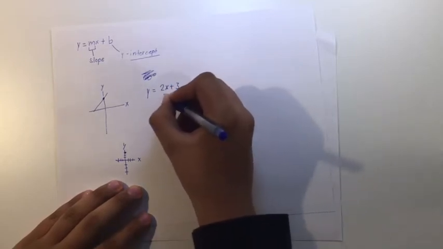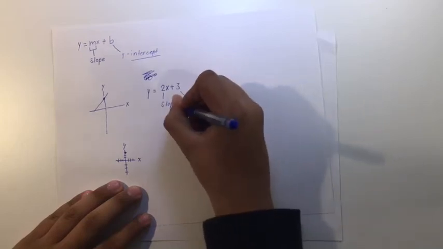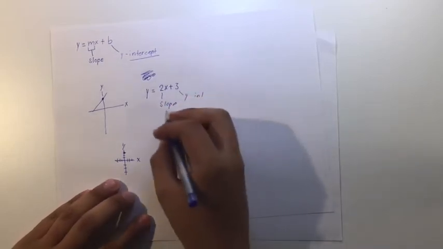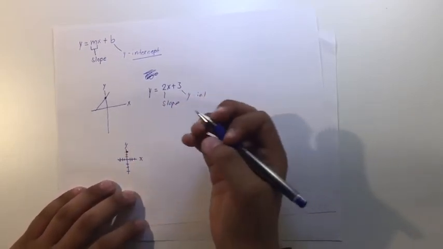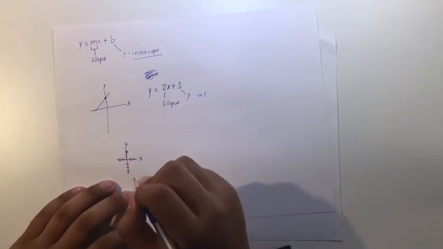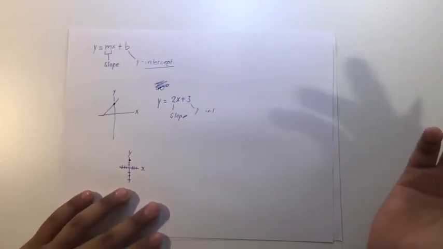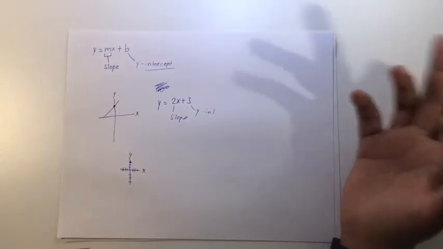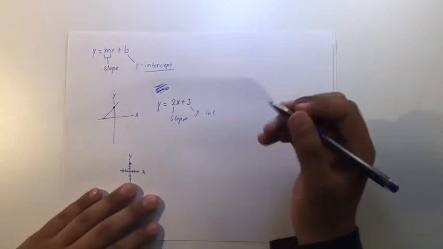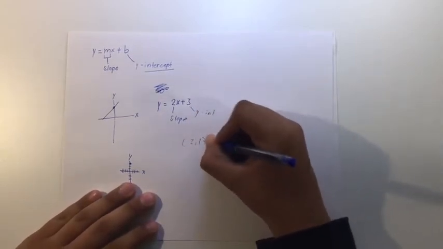And 2 would be your slope because it's the coefficient of x. So you already know where your line is going to cross, but in some questions they give you specific coordinates, like 3, 1.